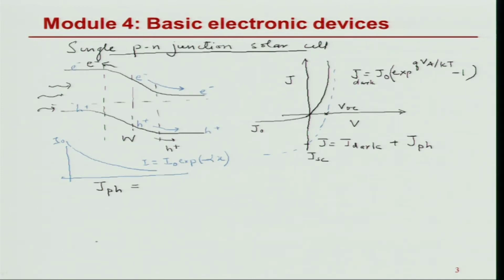But which are being collected? All the ones which are in the field, in the depletion width, they are feeling the field and they are going to be drifted due to the field. So the efficiency of collection for these electron hole pairs is going to be maximum in the depletion width. What happens to the electron hole pair that is generated here? It is not feeling any field, there is no field in this area, so there is no drift force on these free electrons and holes.